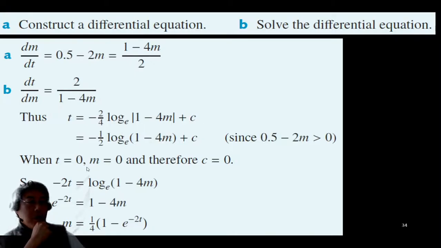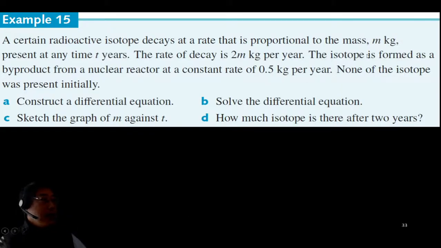So we have a C value. We use the original condition, stating that if you go back to the problem, none of the isotope was present initially. That is a key sentence that tells you that m equals 0 when t equals 0.